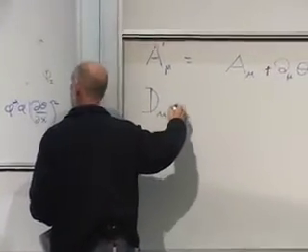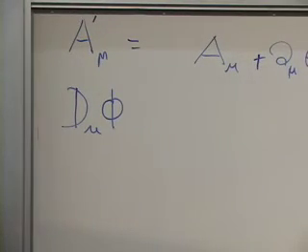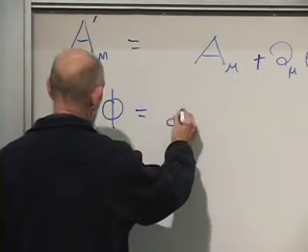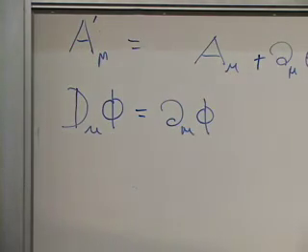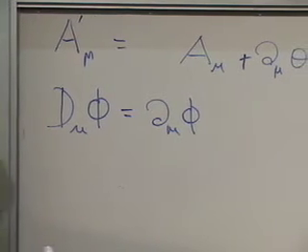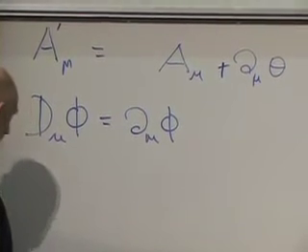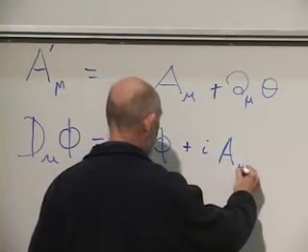Define D mu on phi, the covariant derivative of the charged scalar field. The covariant derivative is defined to be the ordinary derivative, we can take away these mu's if we want, but that's all right, leave them, plus, and get the sign straight, plus i A mu times phi.